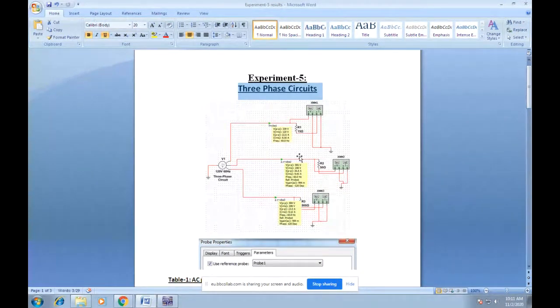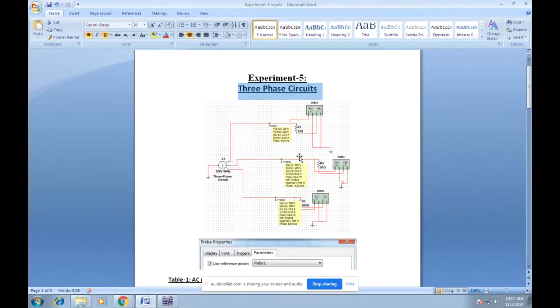I repeat, in experiment number 3 you studied AC for the first time. In that you learned how to find the AC magnitude, the AC frequency, the impedance, etc.